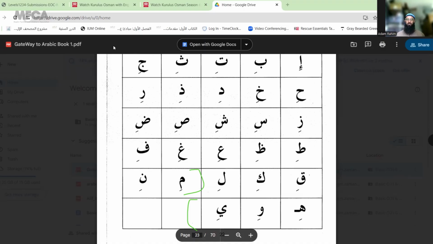Very good. So if you could read that letter, please. Mim, Kasra, E, Mi. Very good. Brother Sharif, the next one, please. Noon, Kasra, Ni. Very good. Brother Sayyid.